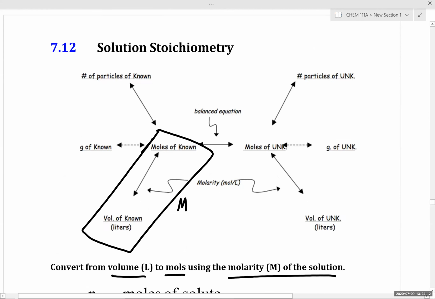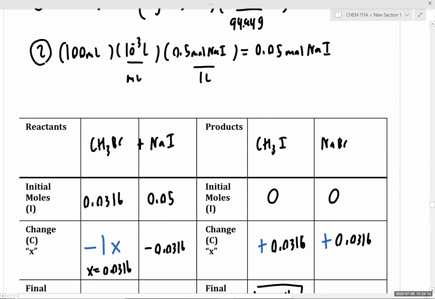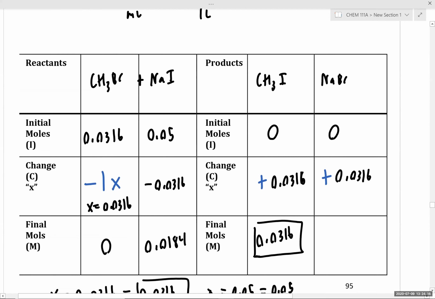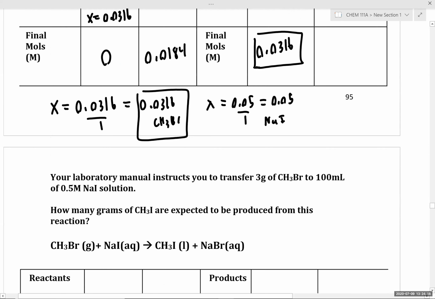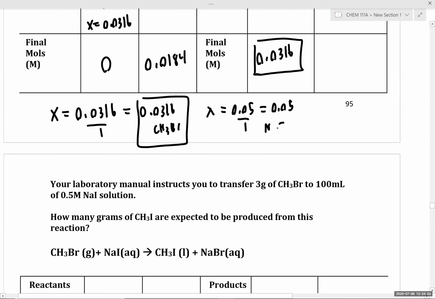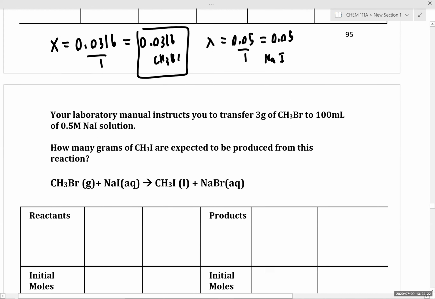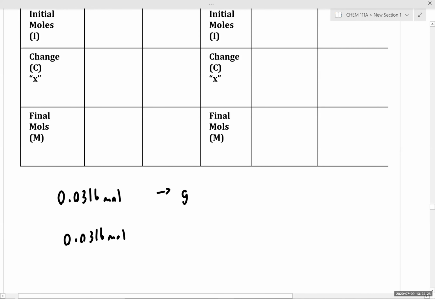One moment. So looking at our column, it's methyl iodide. Sorry about that. So we have 0.0316 moles of methyl iodide, and we need to convert to the grams of methyl iodide.